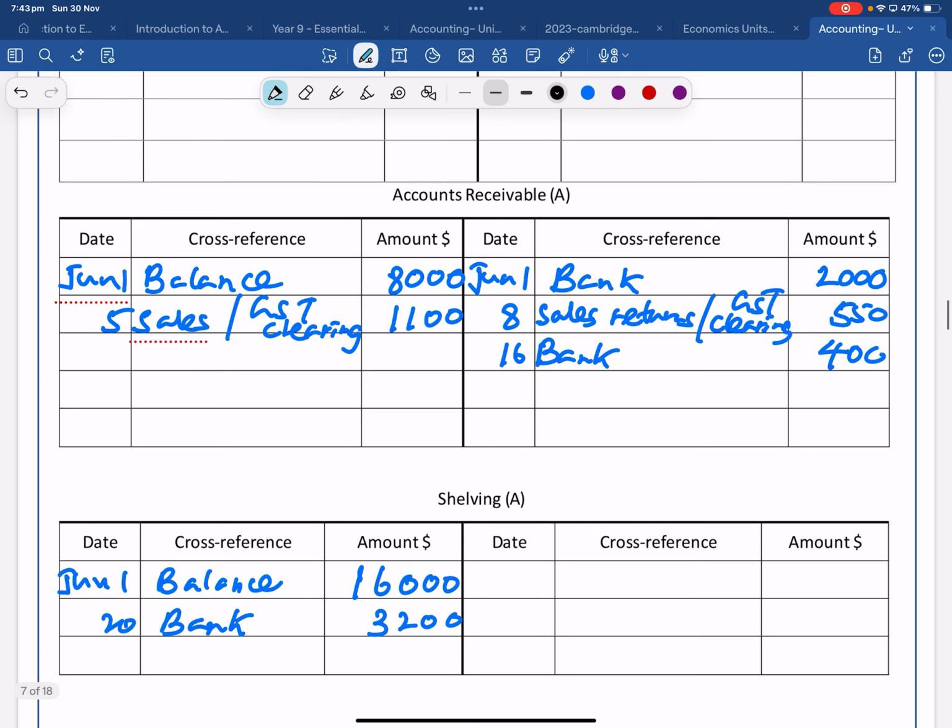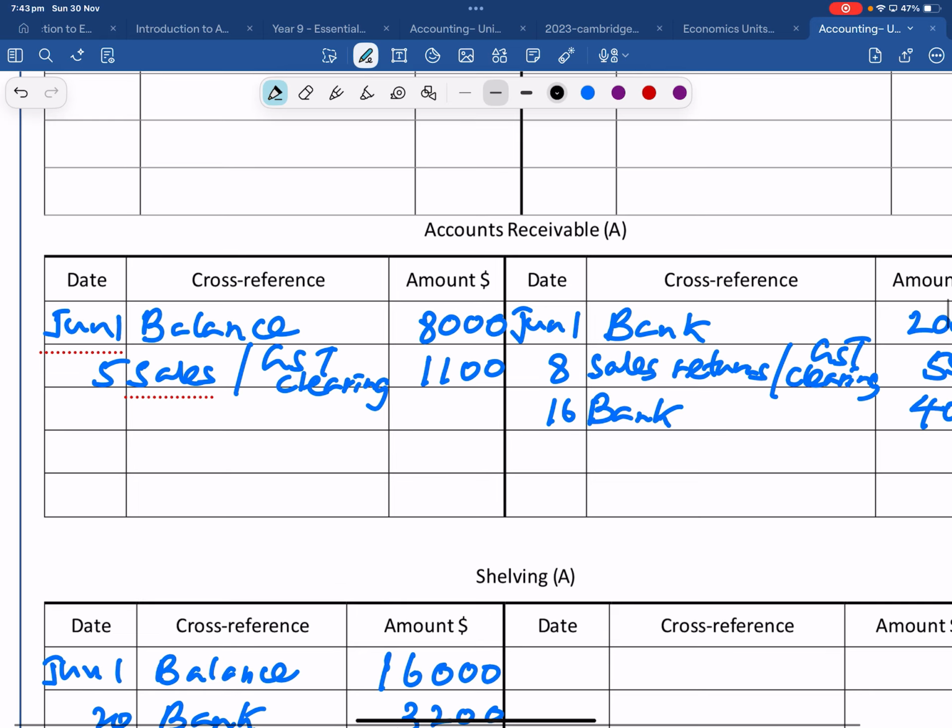So accounts receivable, debit, saying what?